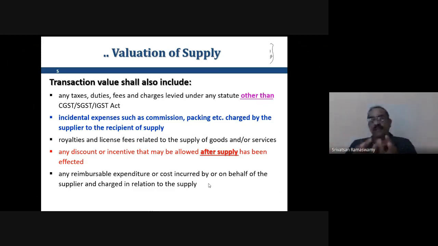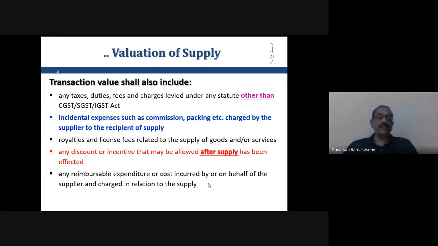Let me give you a very good example here. You are importing goods, and let us assume you are importing an Apple mobile phone. At the time of import, let us assume this phone costs you 1 lakh rupees, on which there is a basic customs duty of 10%. It is not 10% in reality, only for illustration.